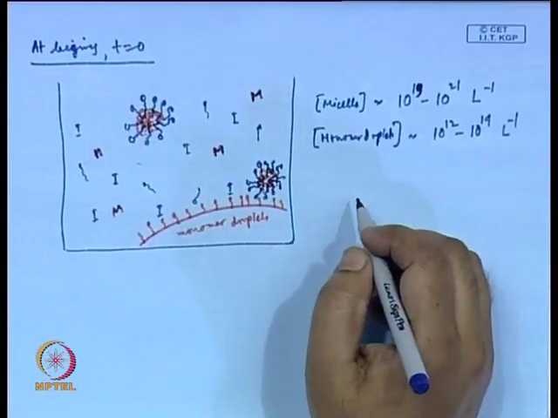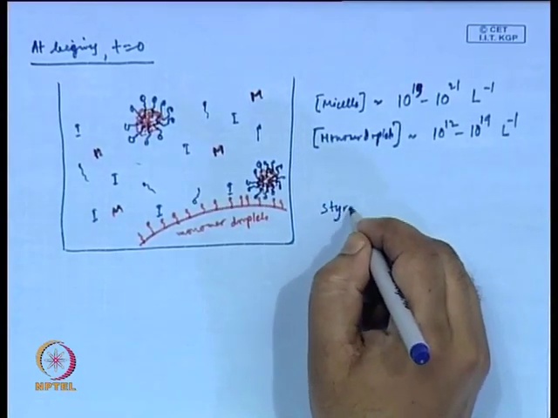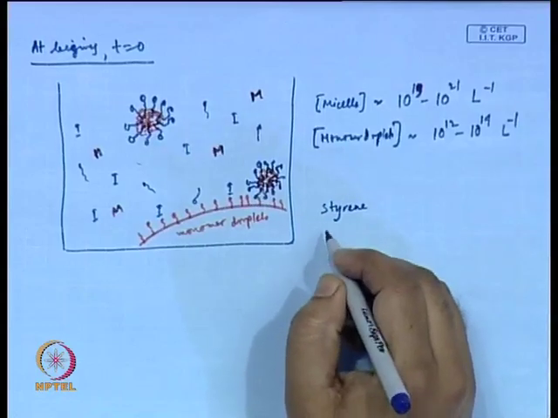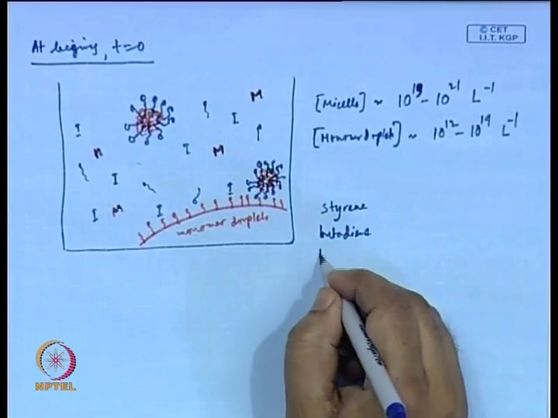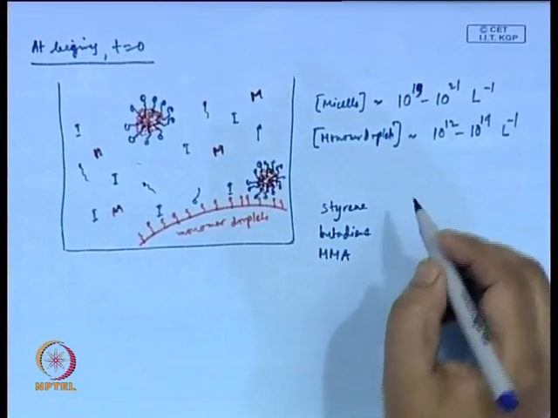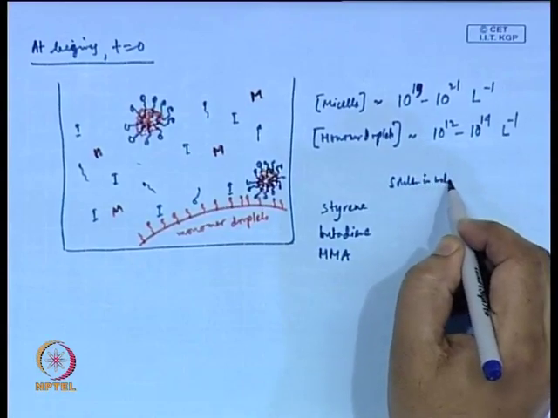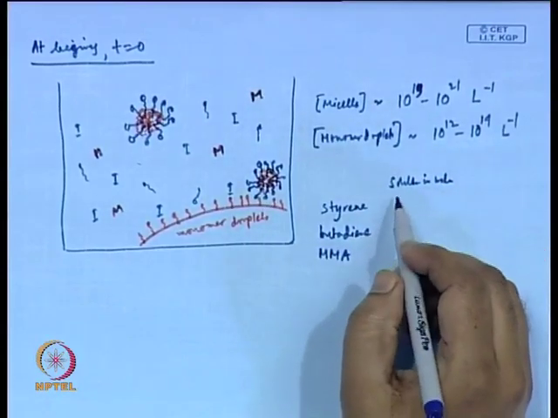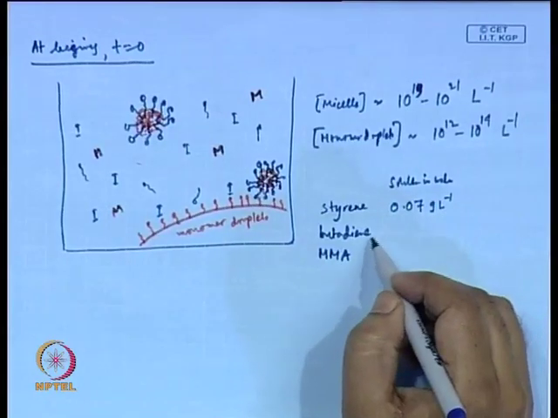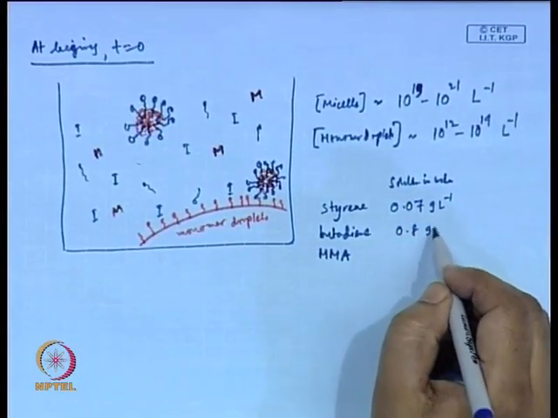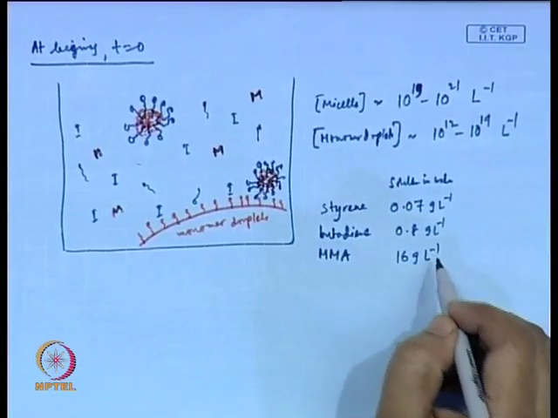For example, if you consider three monomers like styrene, butadiene and methyl methacrylate, the solubility in water of these three monomers is: styrene is very low, butadiene 0.8 gram per liter, whereas MMA is 16 gram per liter.